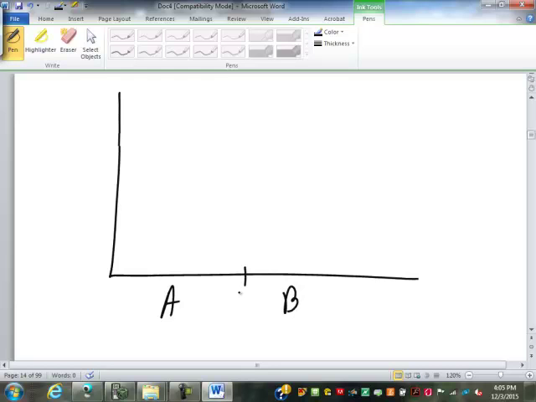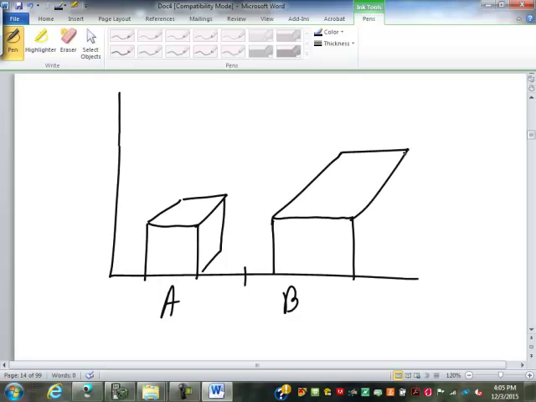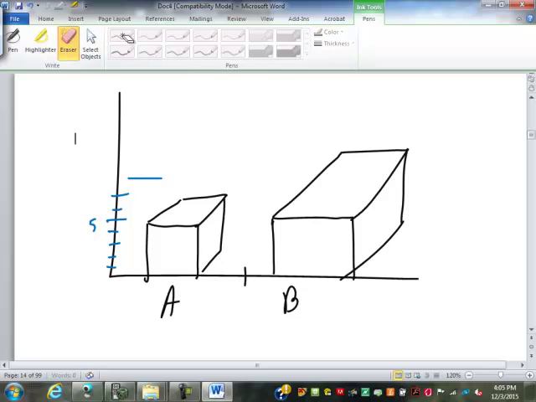I'm going to compare two companies, company A and B. Obviously, which company has more revenue?